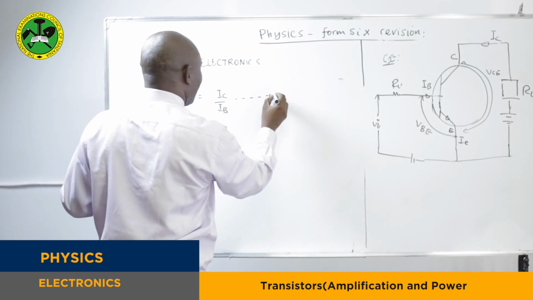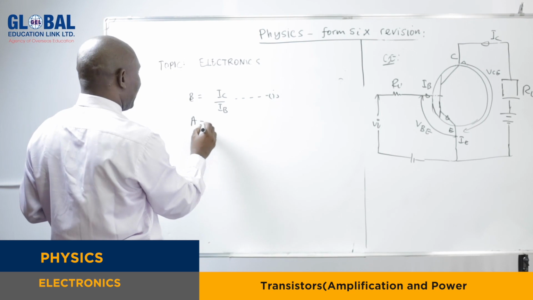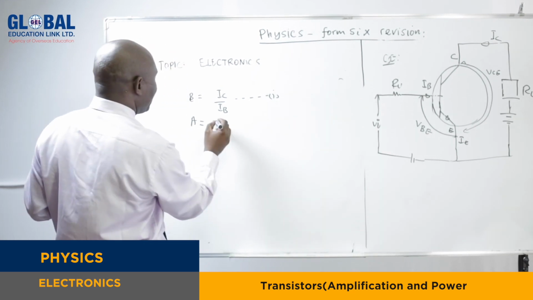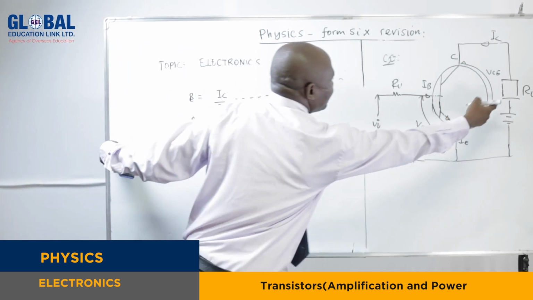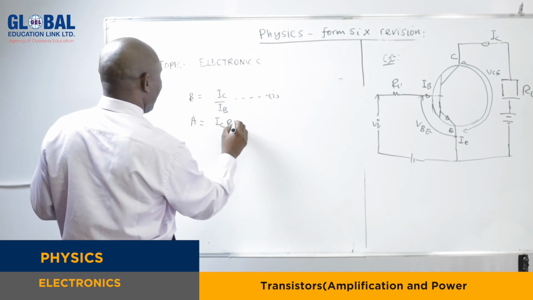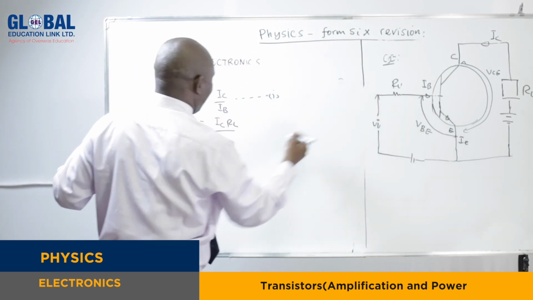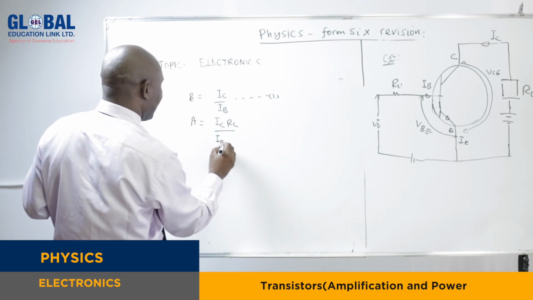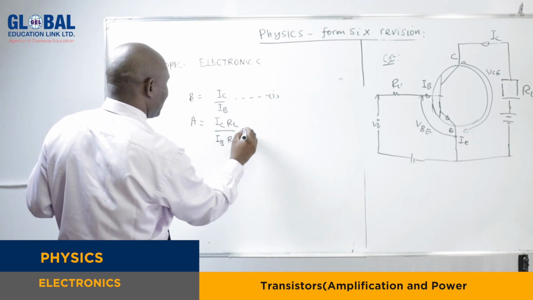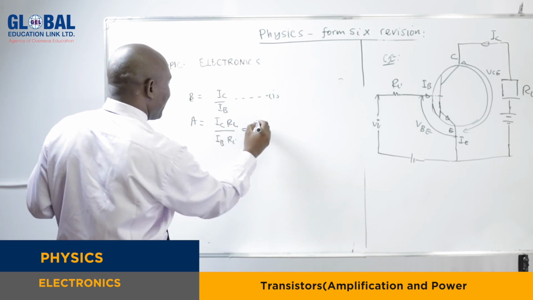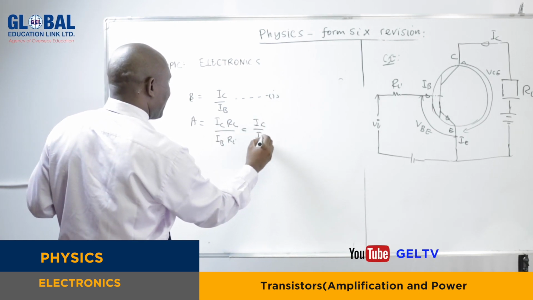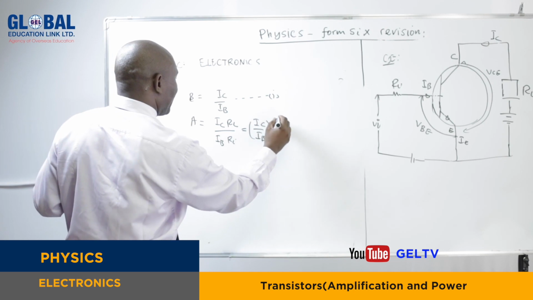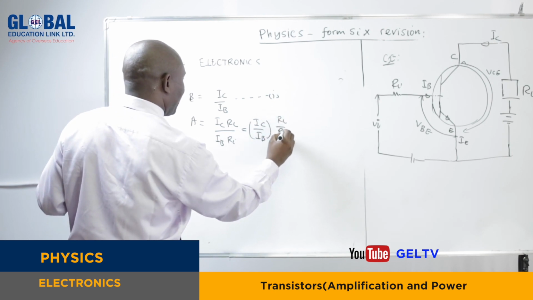And then from here you can have the voltage gain. Again, you have the output voltage, which is IC times this resistance RL, over our input voltage, which is given by IB, the base current, times the input resistance RI. If you make arrangement, you have IC over IB, bracket, RL over RI.